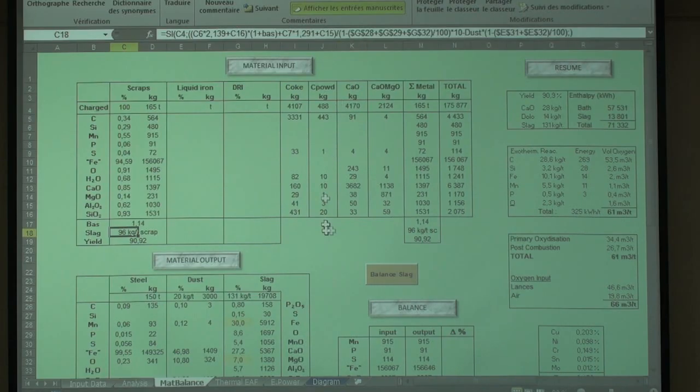So I just consider that the other elements will be decided by the content here in column G: 28, this is the iron content plus the oxygen which is linked to the iron, and 32, which is the MgO. Because this is just representing a part of the slag.